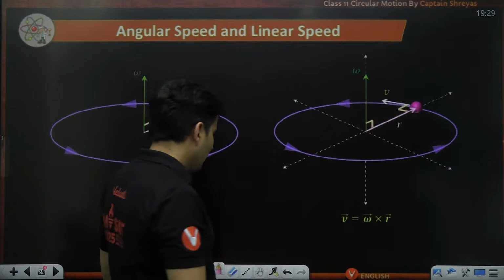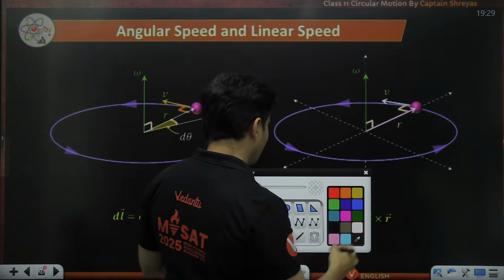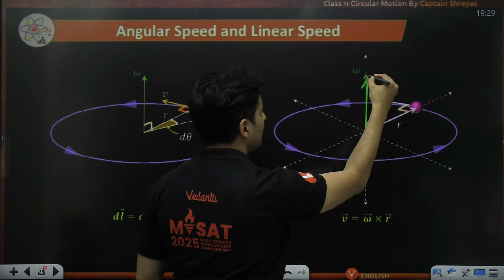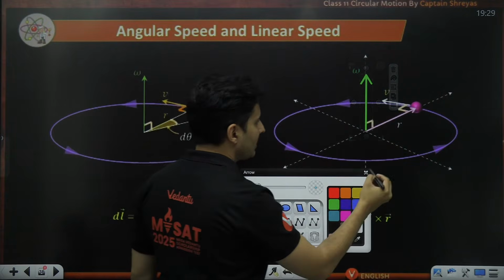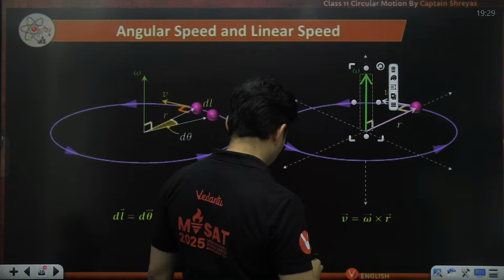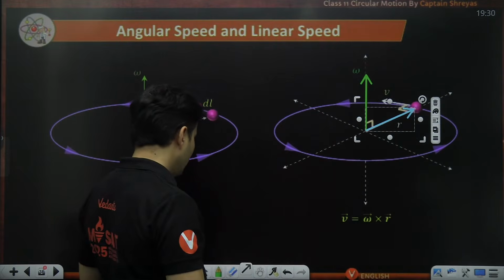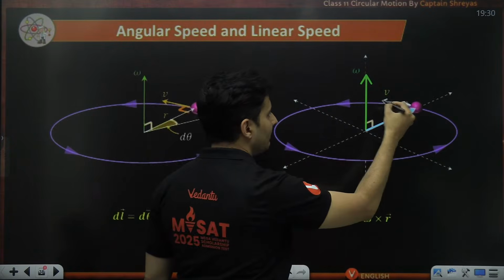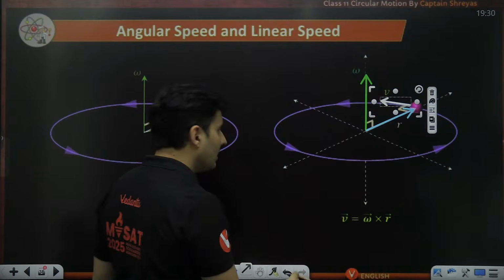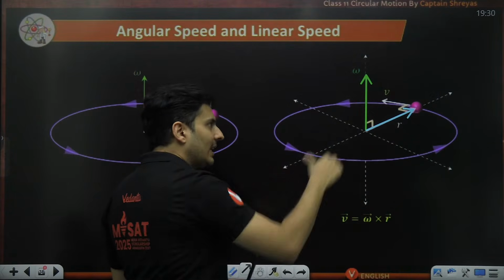Makes sense? Because see, if omega is a vector which is upwards here, this is my omega, cross r vector. r vector is here, okay, omega cross r, I will get my linear velocity, which is in this direction. Can you see omega cross r goes inside, it is like this.